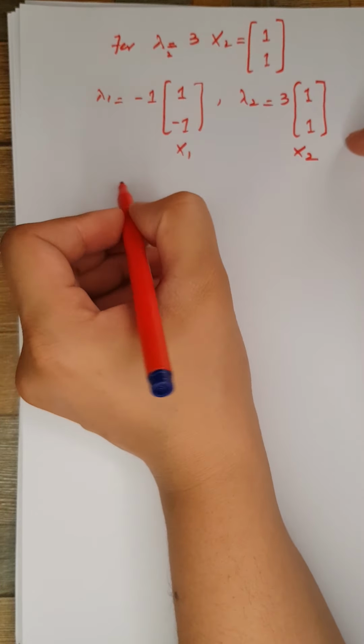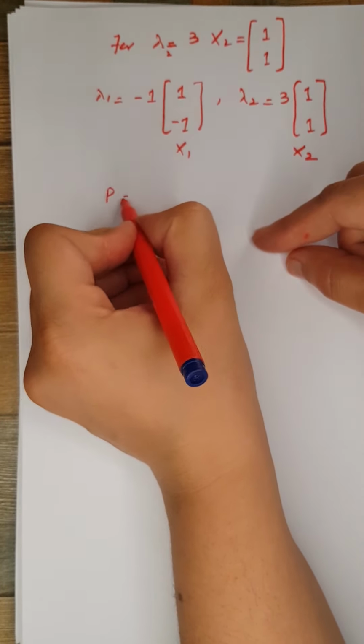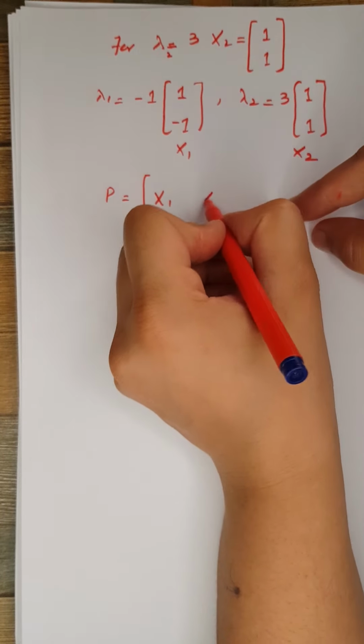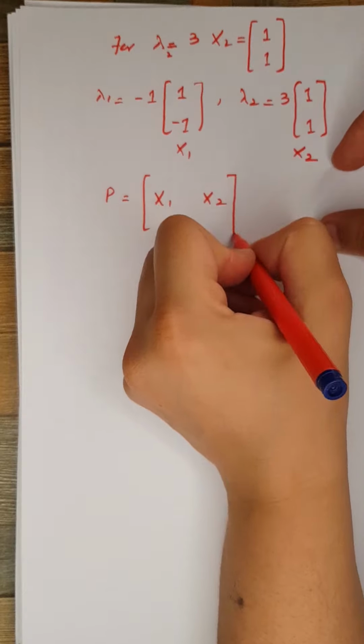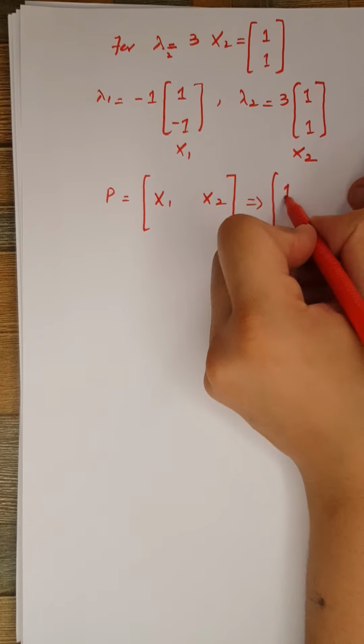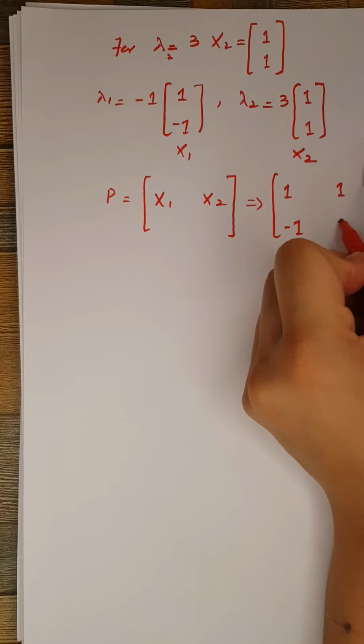Fine. The second step is to construct the matrix P, and in matrix P we write the linearly independent eigenvectors as the column vectors. So here P will be equal to 1 minus 1, then 1 1.